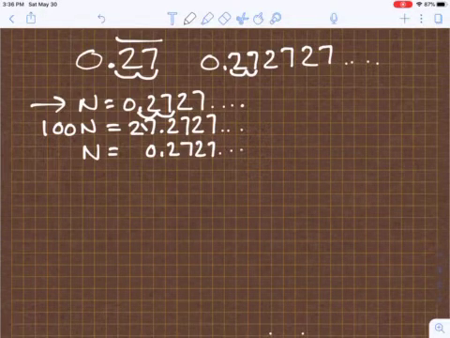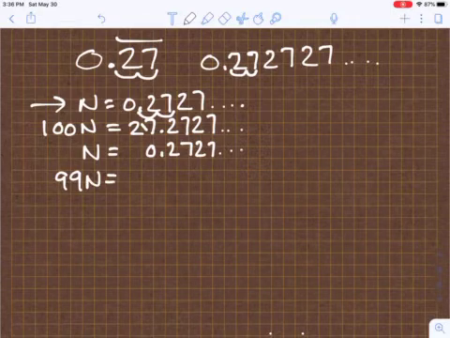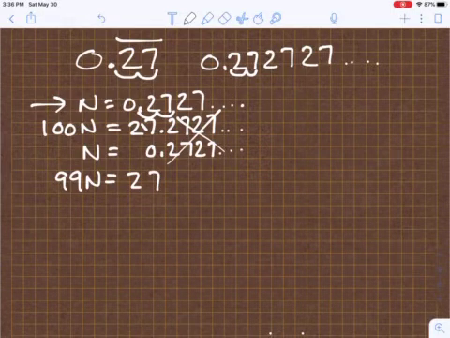And then that really wild thing happens again, right? Where we get 99n over here, and then over here, this whole decimal falls away, and you're left with 27. And then it's just a matter of saying, all right, cool, I'm going to divide both sides by 99 now.